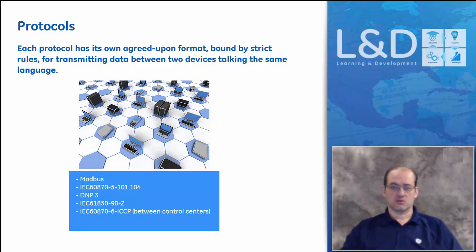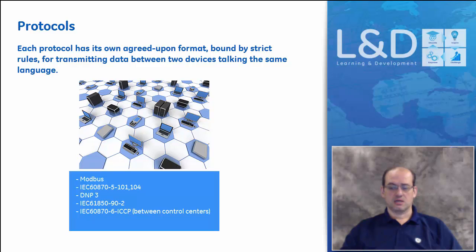So there are common protocols that people got used to over the years. For example, Modbus, the IEC 60870-5-101, 103, 104, DNP, Distributed Network Protocol, 61850, and of course the ICCP protocol, inter-control center protocol between control centers.